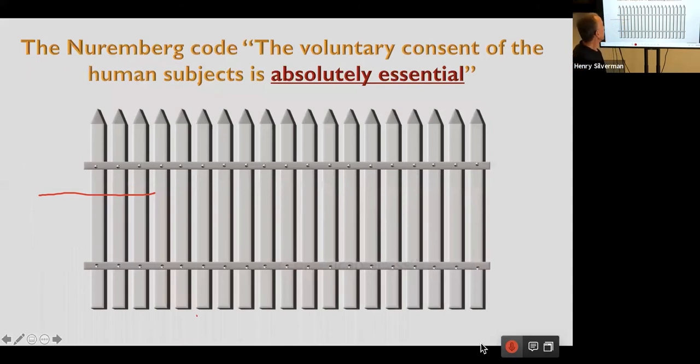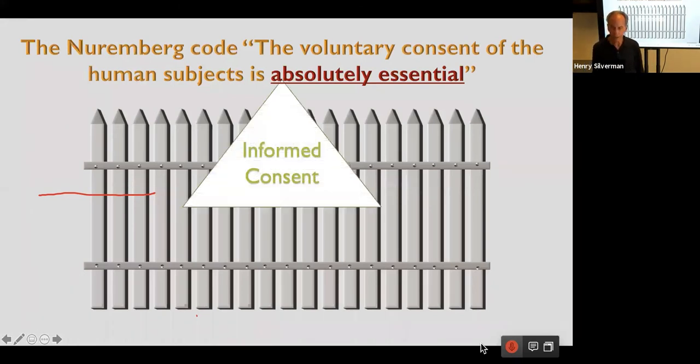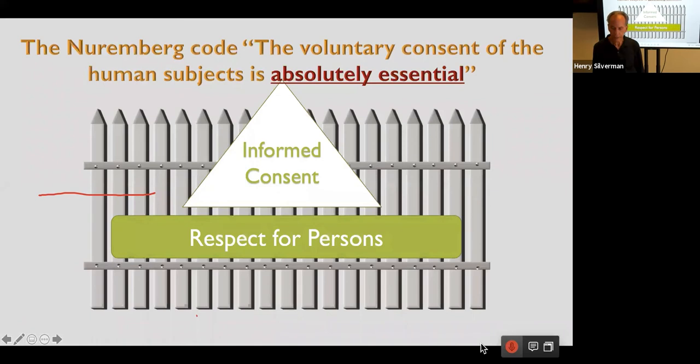So the Nuremberg Code says the voluntary consent of the human subjects is absolutely essential. Informed consent, respect for persons. Now, according to the Nuremberg Code, it's absolutely essential.